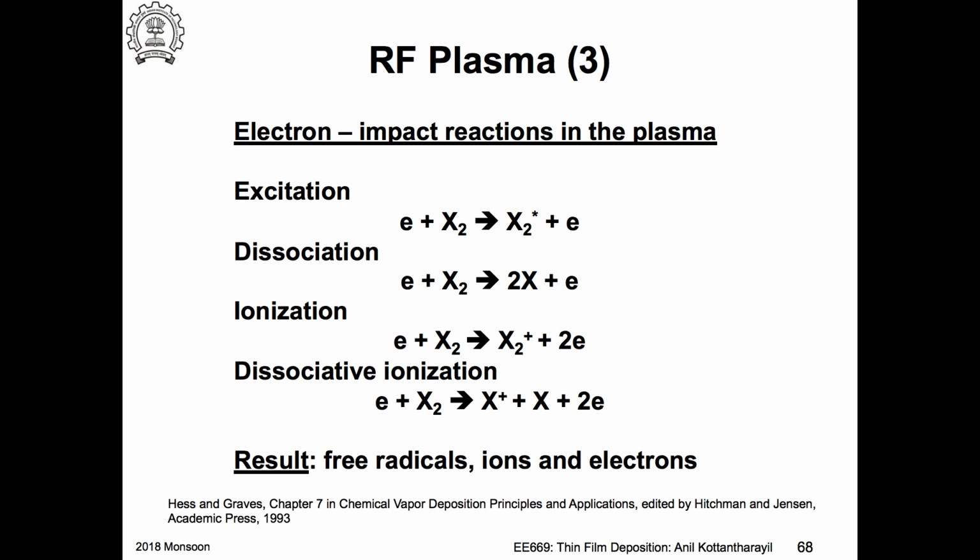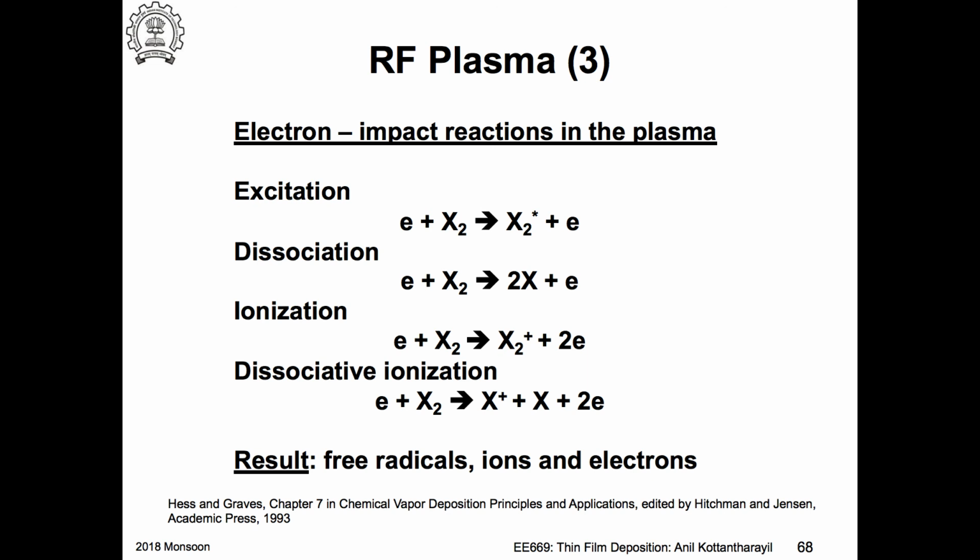But then you take advantage of it to create a plasma. You accelerate the electrons, and if you accelerate them to fairly high energies, they can cause ionization of the molecules. All these things can happen. So this is an excited electron, already accelerated.